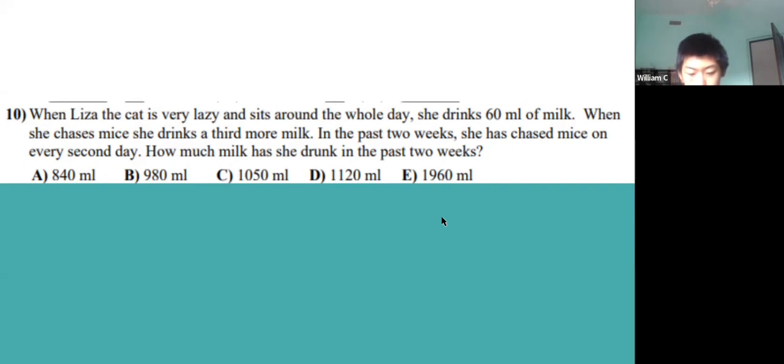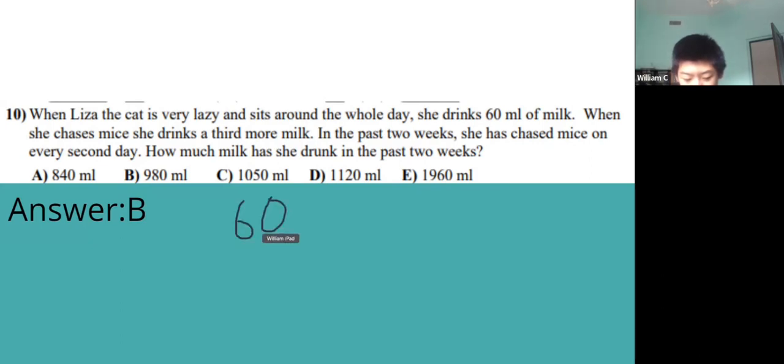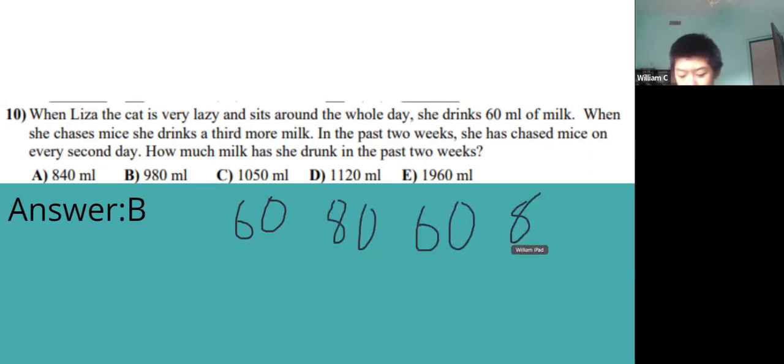So, I'll give you the answer since it's been a while. The answer is B. The way we do this is by looking at the pattern here. First she drinks 60 milliliters, then she drinks 80, then she drinks 60 again, then 80, and so on.